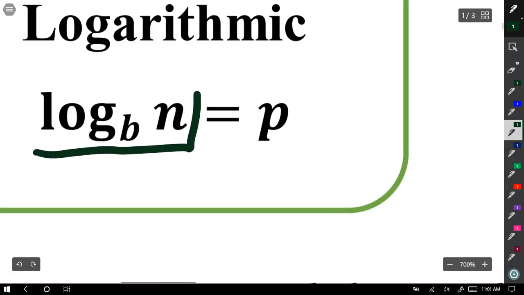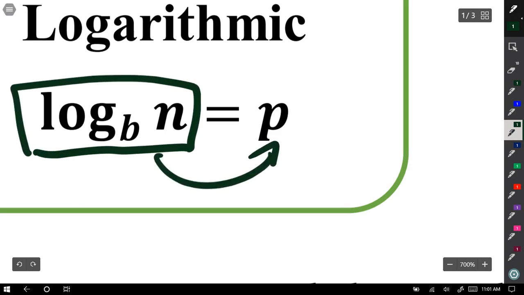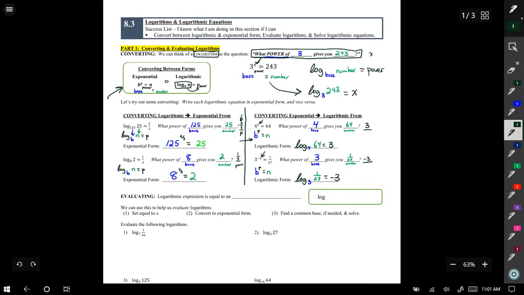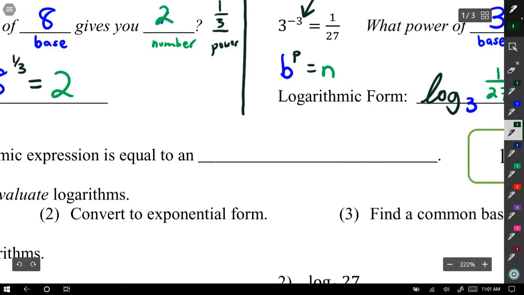A logarithmic expression is equal to a power. That is what every single thing was equal to when we did the converting. It was always equal to a power. So I could say it's an exponent, or I could think of it as a power.